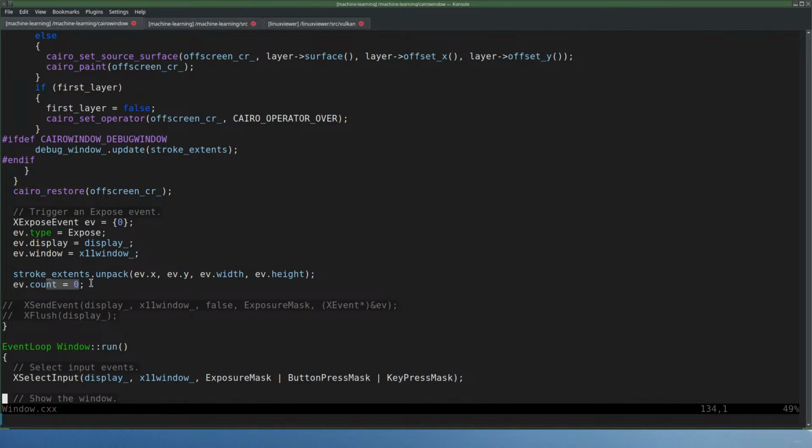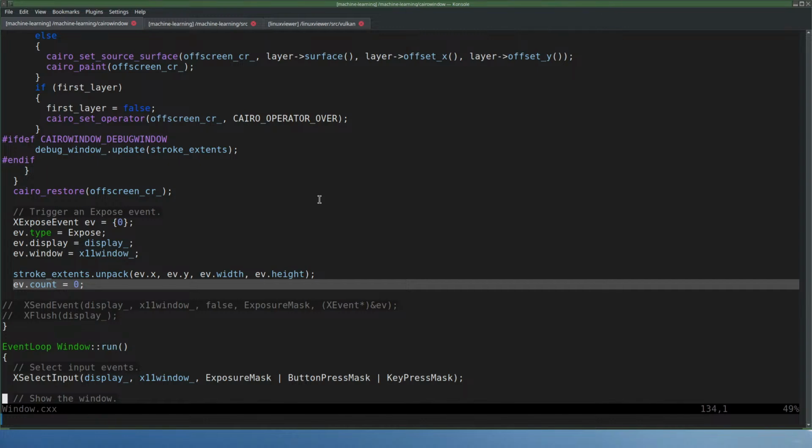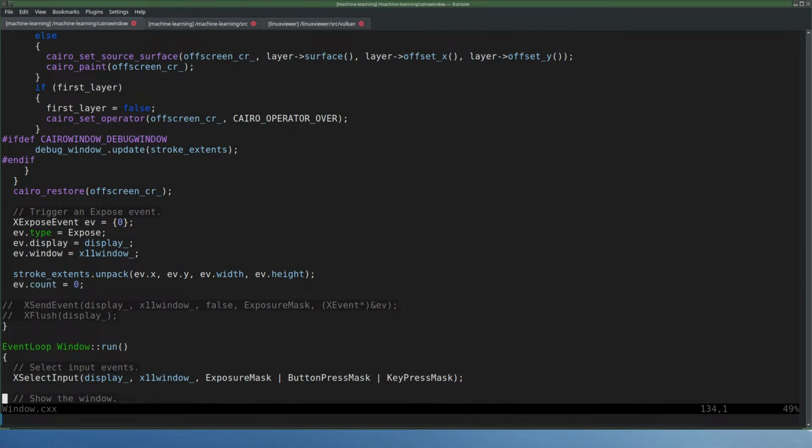This is the problem, isn't it? Let's try the following. I'm sending this, flash, whatever.